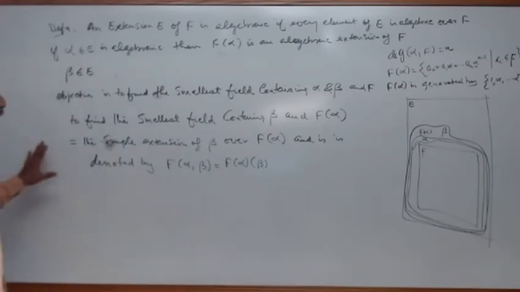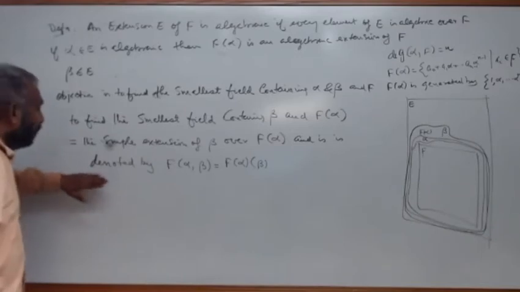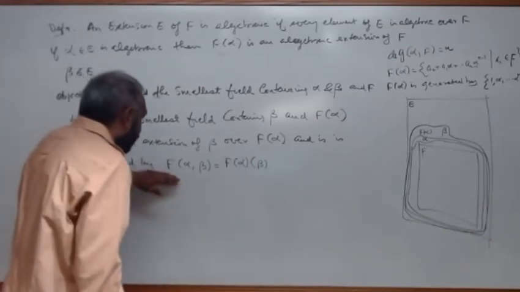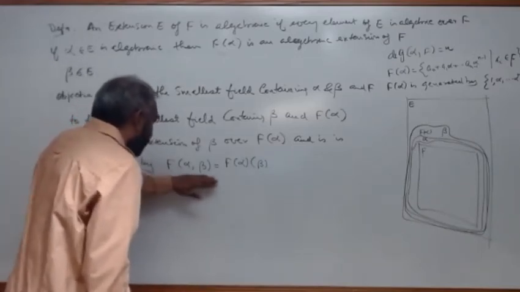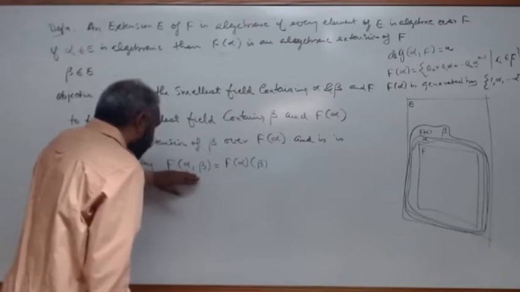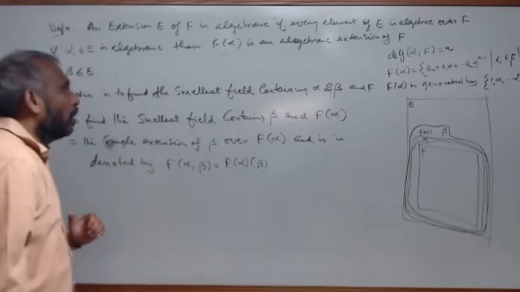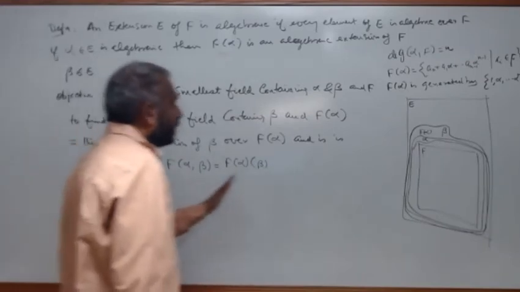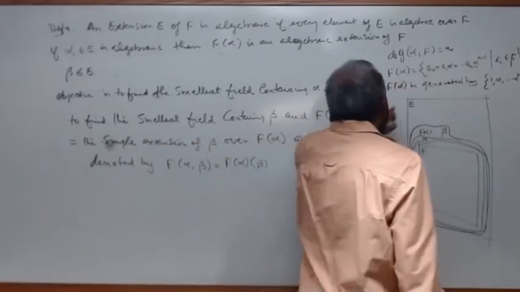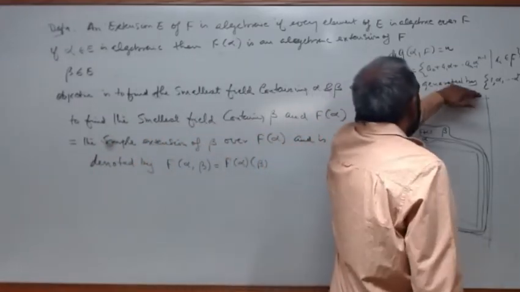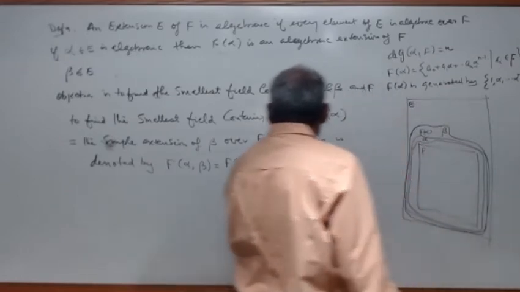So we need to find out what kind of elements are there in F(alpha, beta), either which form it is or the base elements.